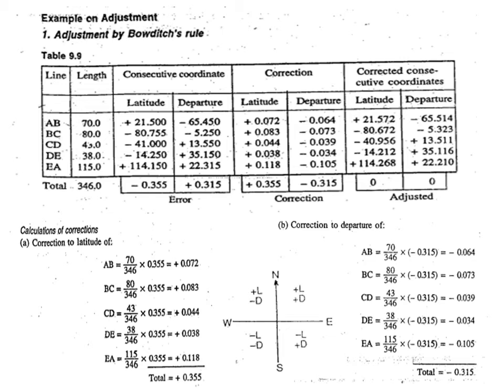Similarly for DE, the correction to departure equals length of line DE, 38, divided by perimeter 346, multiplied by total error in departure, minus 0.315, therefore the correction is minus 0.034. Similarly for EA, it is 115 divided by 346 multiplied by minus 0.315, therefore the correction to departure is minus 0.105. Therefore if you make the summation, it is equal to the total error.